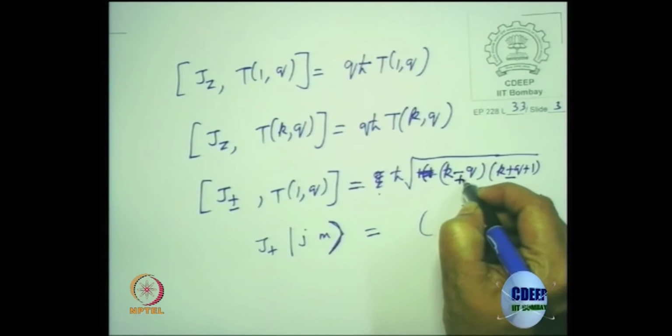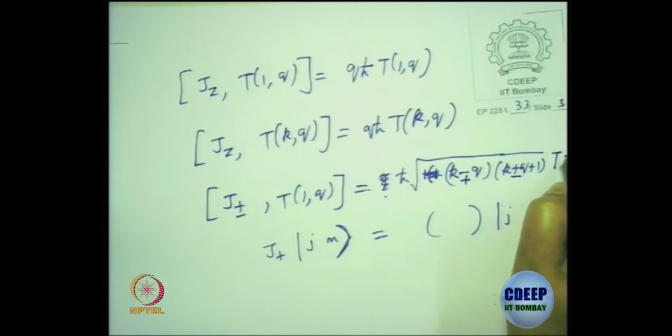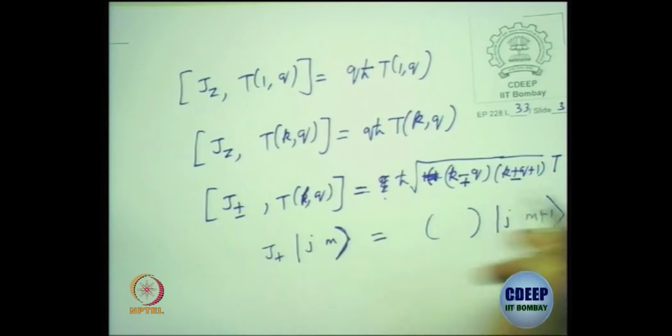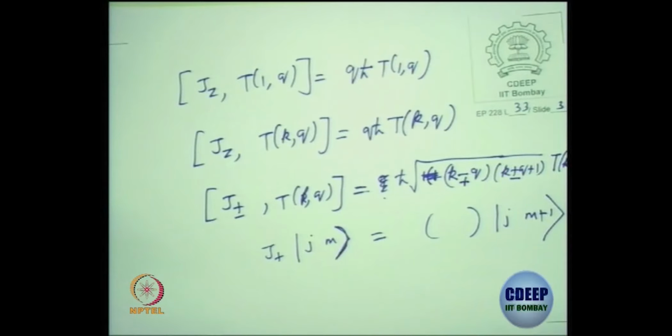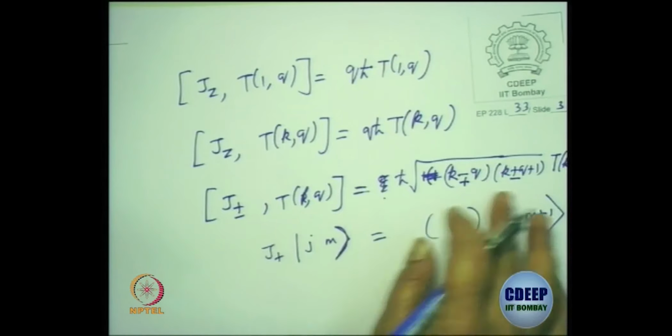This is correct. On h cross t of k, my claim is that it will be plus or minus 1, q plus or minus. So this is my guess.